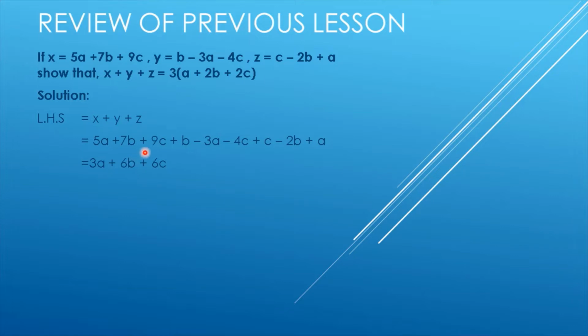Now 7b plus b would be 8b, minus 2b, that would be 6b, and the sign will be the bigger number's sign, and the bigger number is 8b, that would be plus.